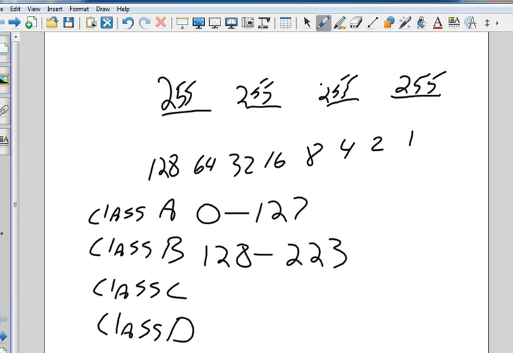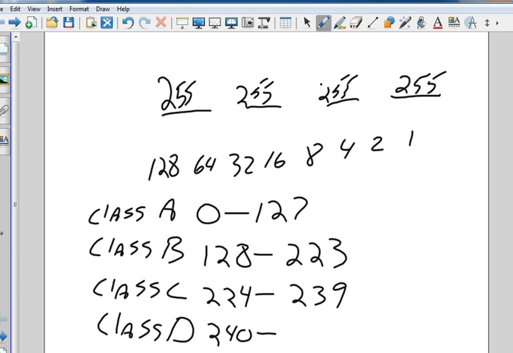So if Class B ends at 223, Class C starts at 224. It ends at 239. So it starts at 240 and it ends... we'll see where it ends. We'll just let it sit right there.